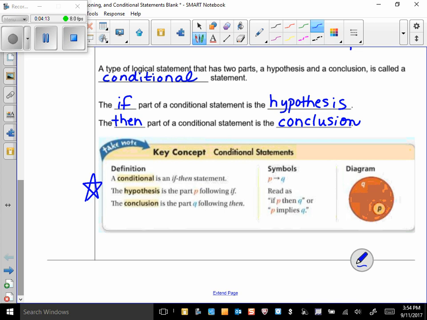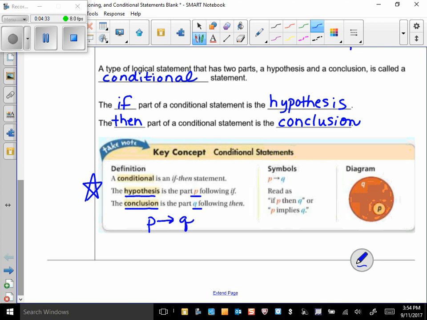And then I copied this little box out of your textbook. It's right in there, and it tells you the kind of symbols that we use for conditional statements. We refer to the hypothesis as P, and we refer to the conclusion as Q. So if we want to talk about if P then Q, we write it like this.